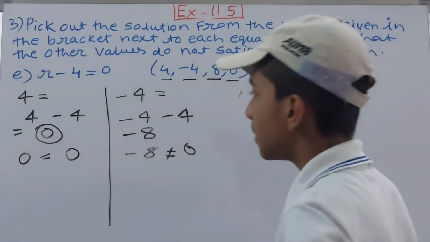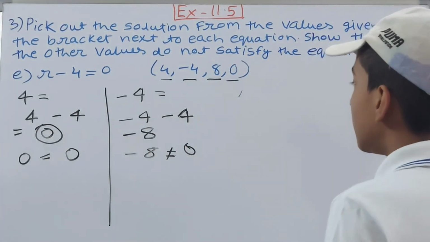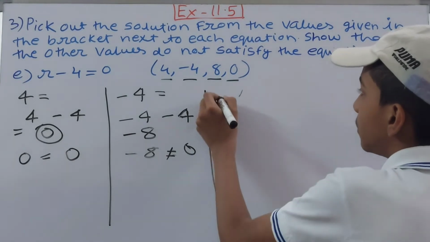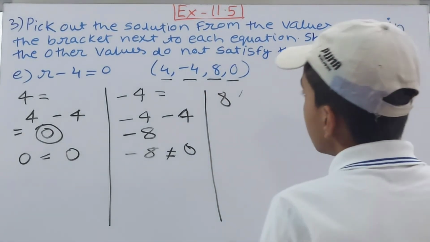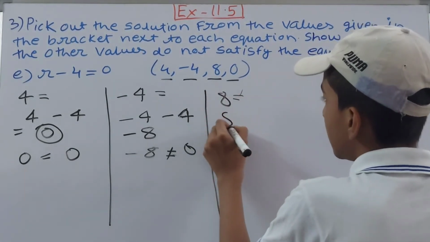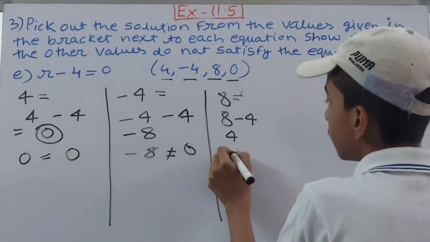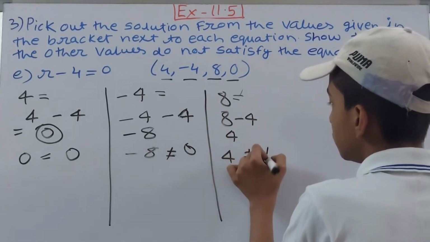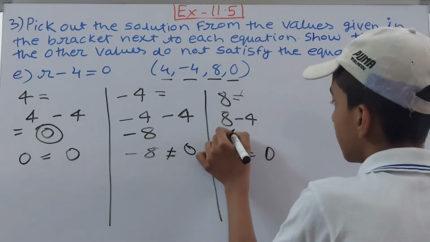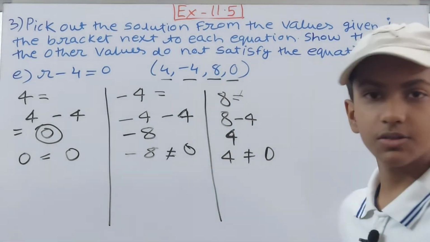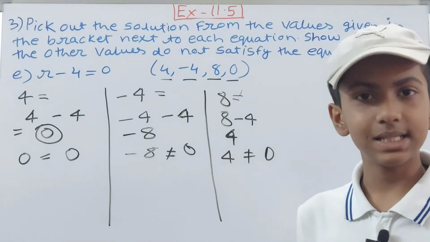So the equation is not satisfied. Next is 8. So you have 8 minus 4 and that will be 4. So 4 is also not equal to 0. That means our equation is not satisfied with r as 8.